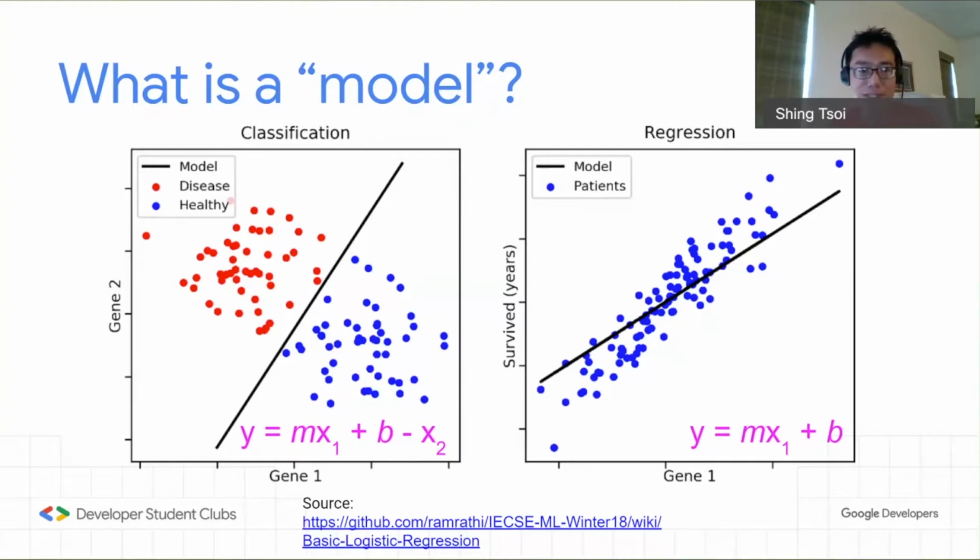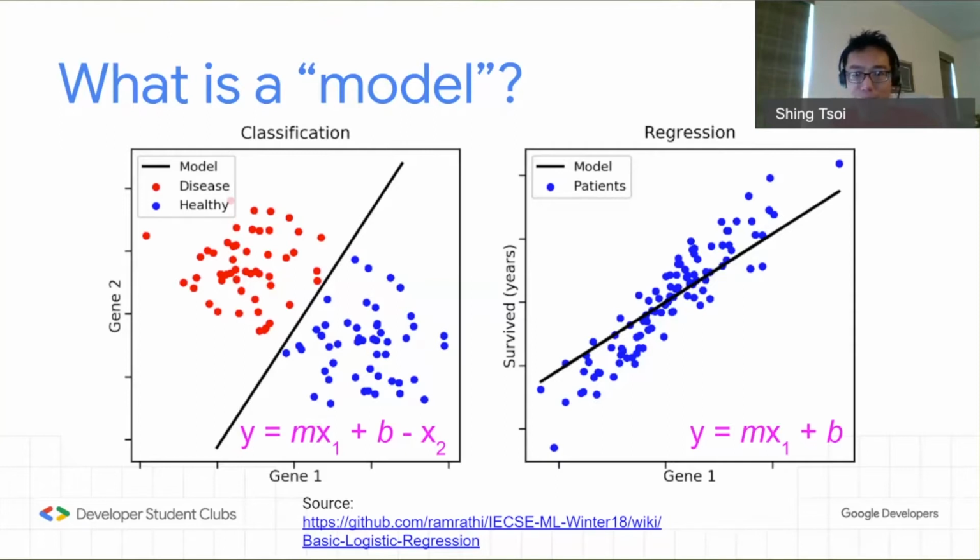The model shown on the screen is given by the equation y equals m x1 plus b. This model is a straight line that is trying to mimic the relationship between gene 1 and the survival duration. Then in the classification example on the left-hand side, you will see two input features.